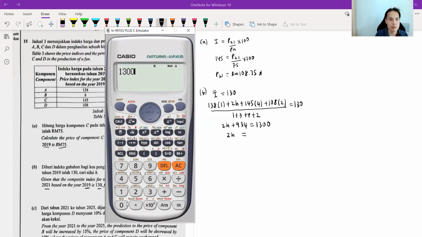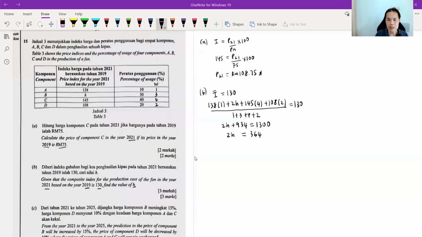You actually can do it mentally. 936, I got 364, right? That 364 I divide by 2, I get 18. Divide by 3, sorry, this one I wrote wrongly just now. It affects the answer.